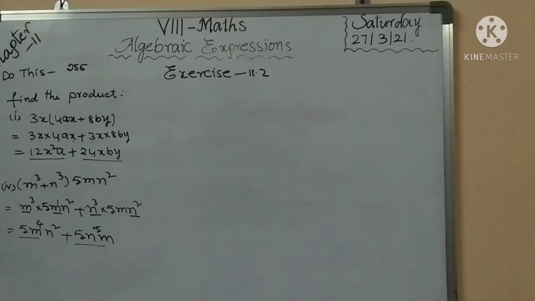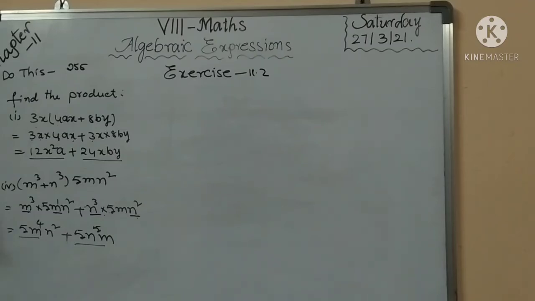Understand, children? Okay, the remaining problems, do the homework. I explained the first and fourth problems, remaining 2 problems homework. So observe the second one, page number 255. Second one: find the number of maximum terms in the product of monomial and binomial. We have to take any monomial and binomial, your own.